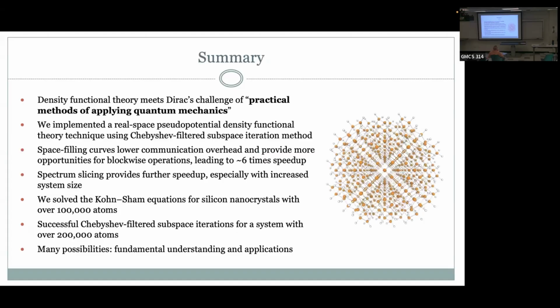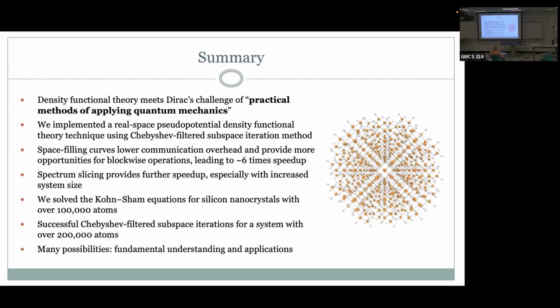To summarize, density functional theory meets Dirac's challenge of finding practical methods of quantum mechanics. We implemented a real space pseudopotential DFT technique using Chebyshev-filtered subspace iteration.